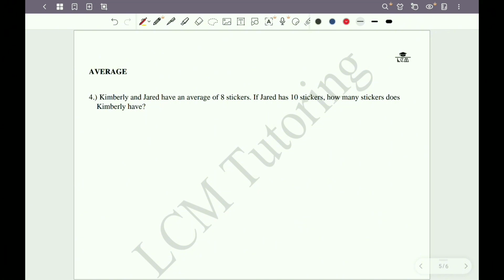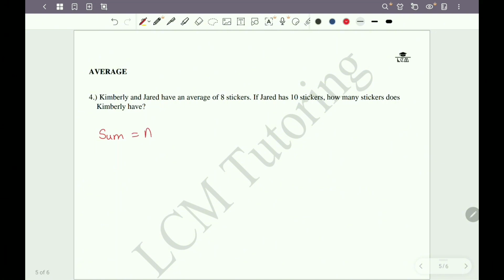Now let's break down that first sentence. Kimberly and Jared have an average of 8 stickers. We know that if we add Kimberly's number of stickers and Jared's number of stickers and divide by the number of numbers, which in this case is 2 because there are 2 people, then that answer is going to be 8 because that is our average. So if we know the average and we know the number of numbers, what can we find? We can actually find the sum of Kimberly's and Jared's stickers, right?